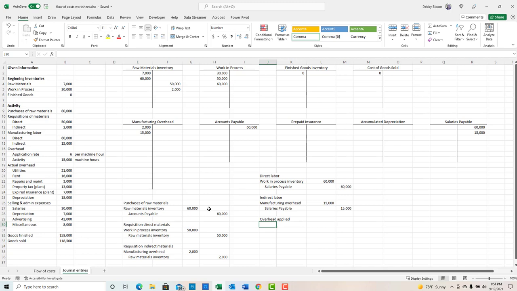You remember the amount was 90,000, which was 6 multiplied by 15,000. So for the overhead applied, we're going to debit the work in process for the 90,000 and credit our manufacturing overhead.